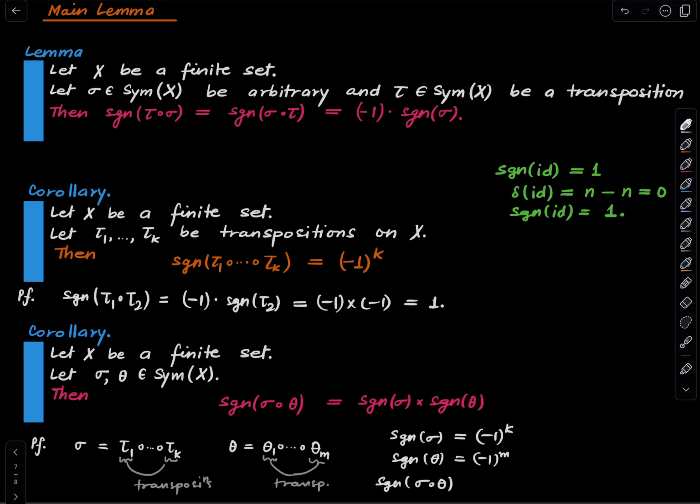So the sign of sigma composed with theta is -1 to the k plus m. And that's it. If you take the product of the signs, you get the same thing as the sign of the composite. So very nice. In group theoretic language, the sign function is a homomorphism, but we haven't discussed anything about groups. So this is the best possible way we can state it.